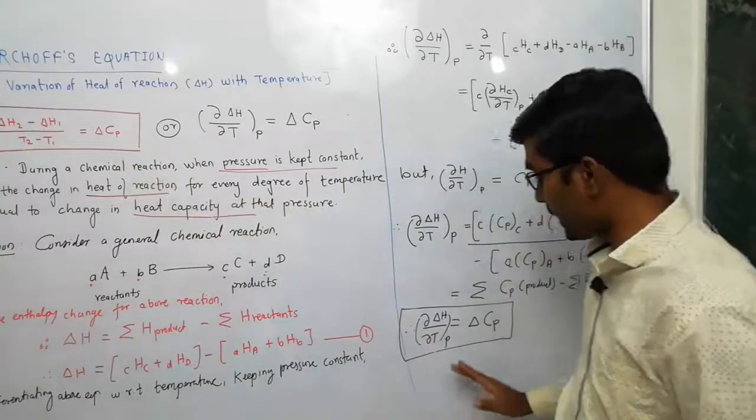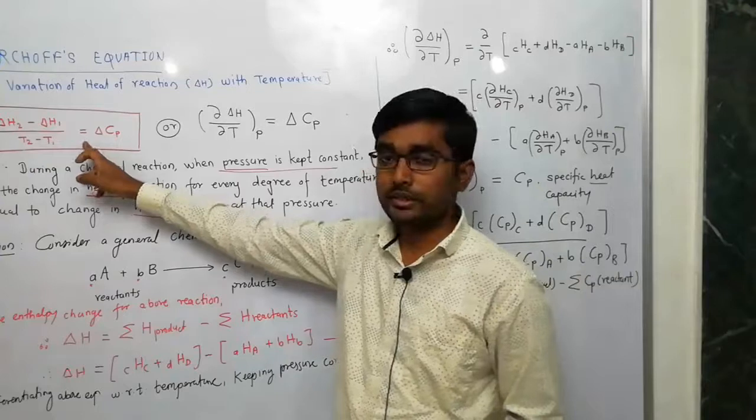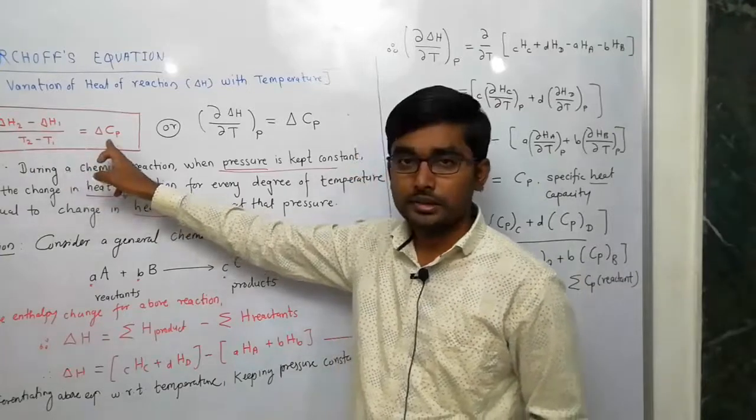Now let us see how to derive this equation, delta H2 minus delta H1 upon T2 minus T1 equals delta Cp.